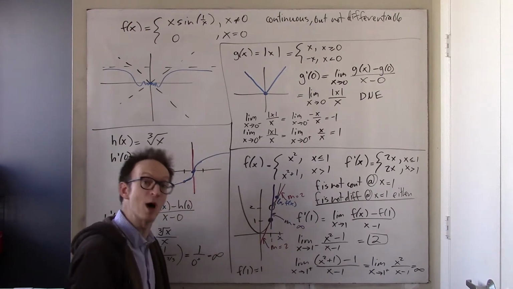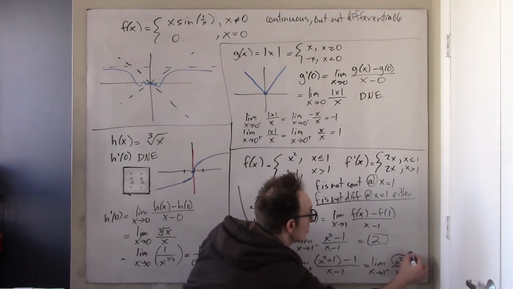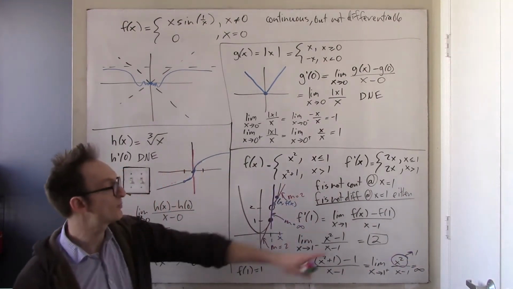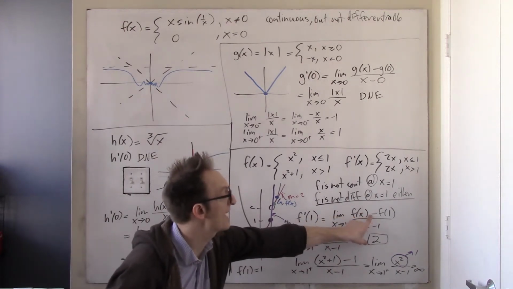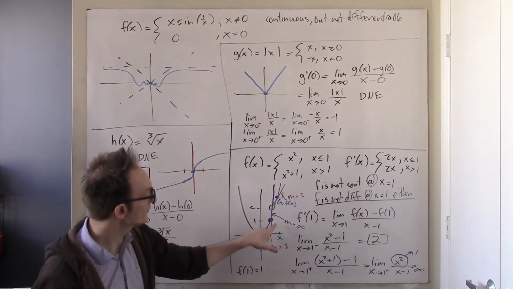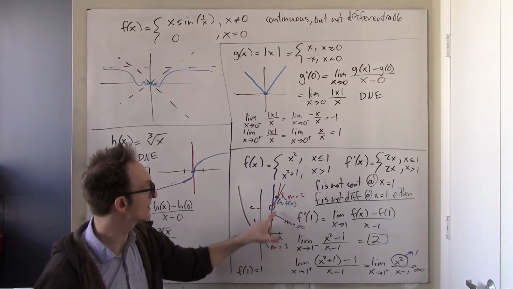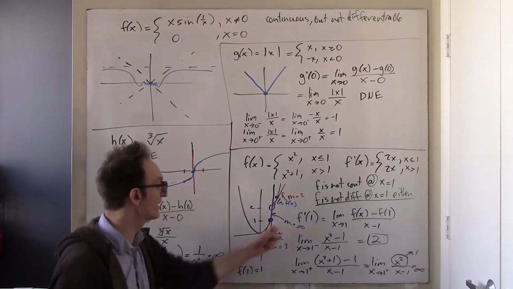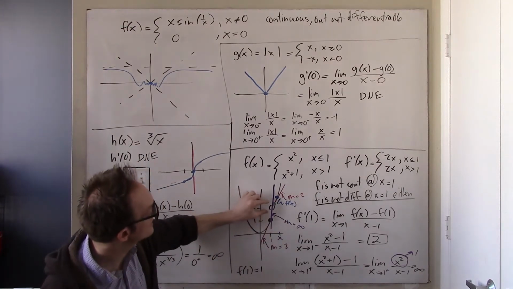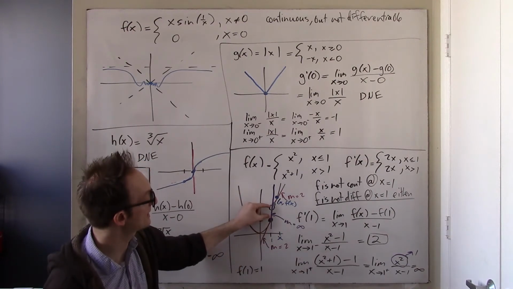Specifically, it's about 1, which is what this numerator is right here. That numerator is the difference between f of x and f of 1. f of 1 stays locked down here at the point 1 comma 1, but f of x is way up here near 2. And so we have an invalid tangent line because the delta x is becoming infinitely small, but the delta y is up at 1.